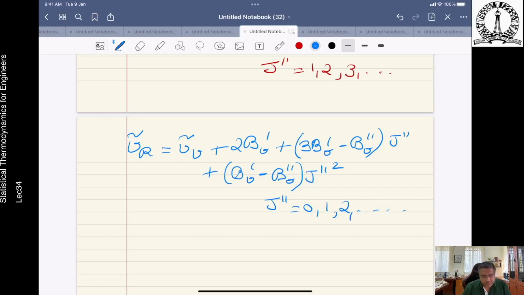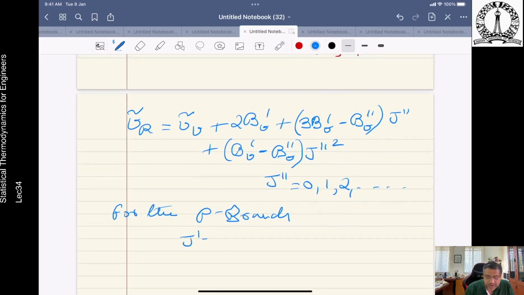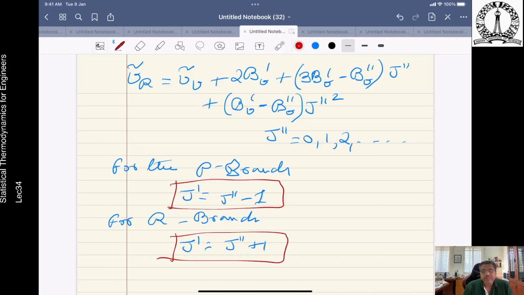For the P branch, J prime is equal to J double prime minus 1. For the R branch, J prime is equal to J double prime plus 1, respectively.